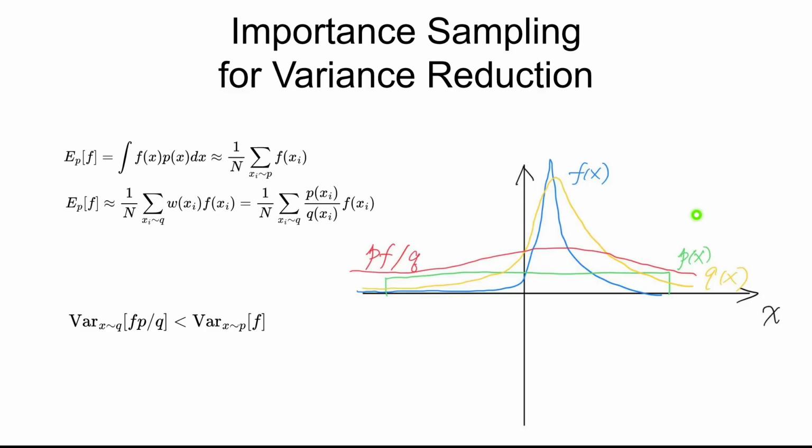Okay, so as we talked about in previous slides, importance sampling is mainly used to reduce the variance. So let me give you an example.